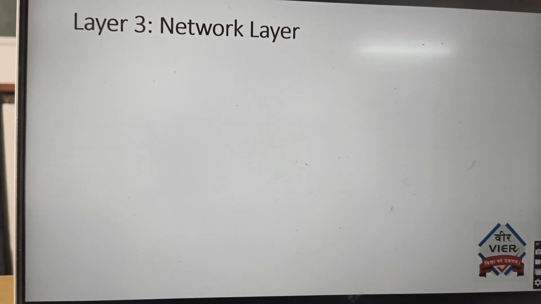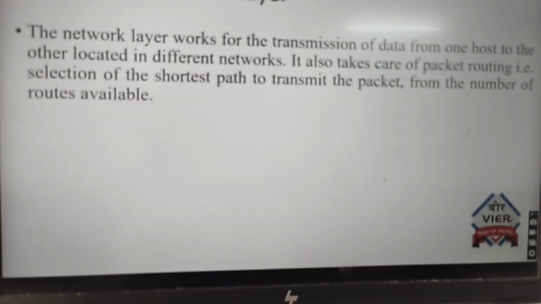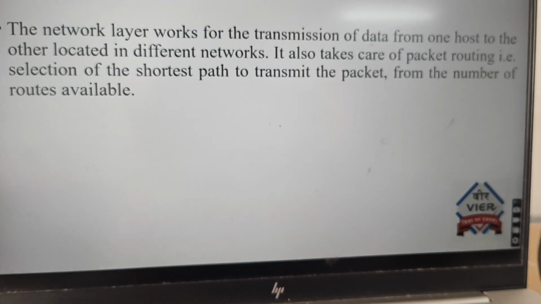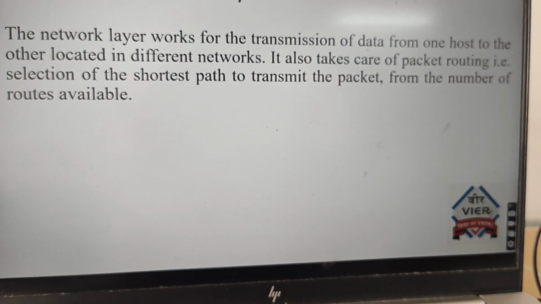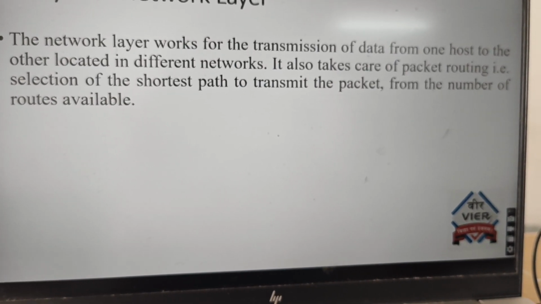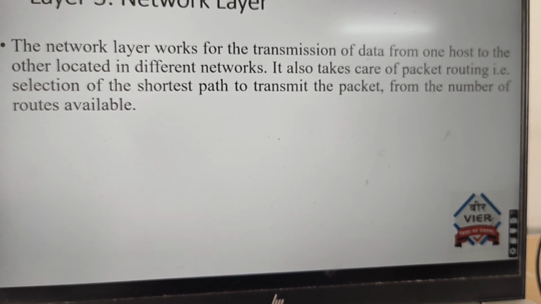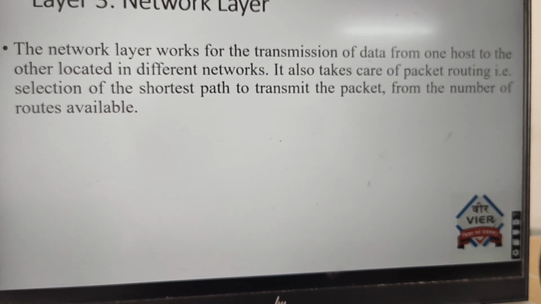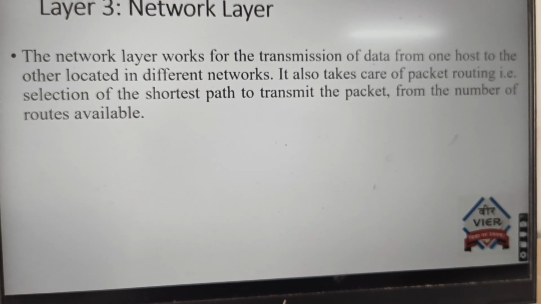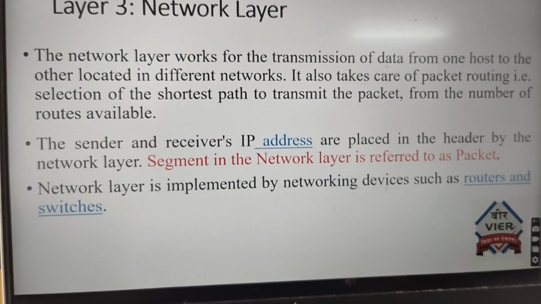The third layer of the OSI model is the network layer. The network layer works for the transmission of data from one host to another located in different networks. It also takes care of packet routing, the selection of the shortest path to transmit the packet from the number of routes available.